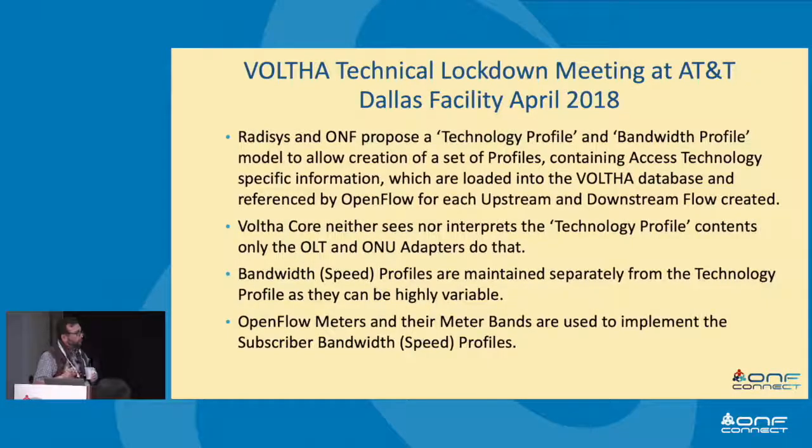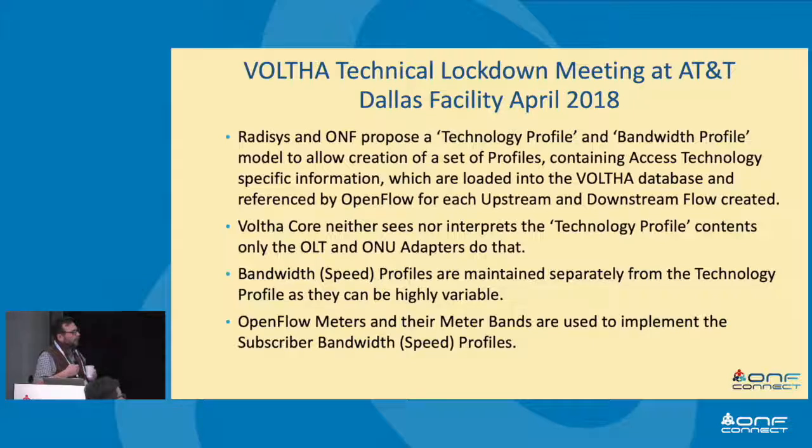So Radisys and the ONF worked together on a way to provide a set of technology profiles that could be applied independent of the VOLTHA core. The technology profiles themselves are files that have information about a specific type of access technology, and those files are loaded into the VOLTHA database.